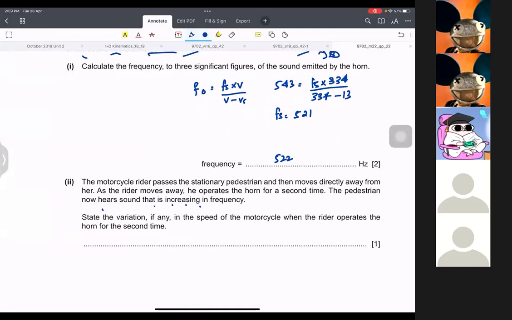If he's moving away and still she's listening with increasing frequency, then it could only be that the speed of the cyclist is decreasing. That would only be the option.